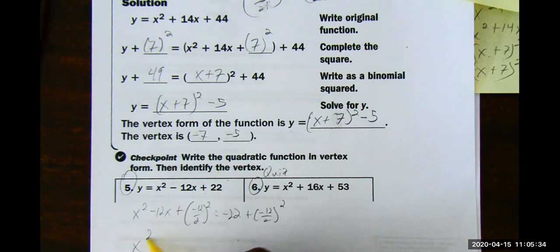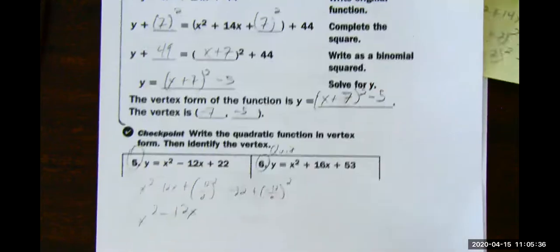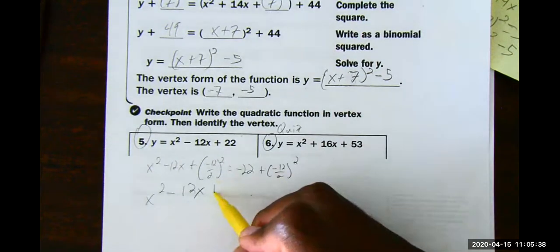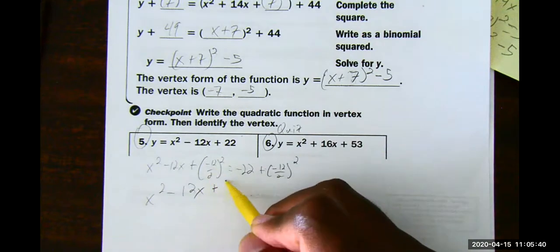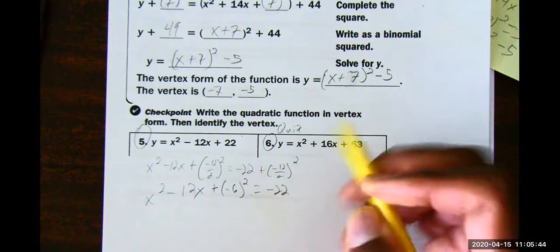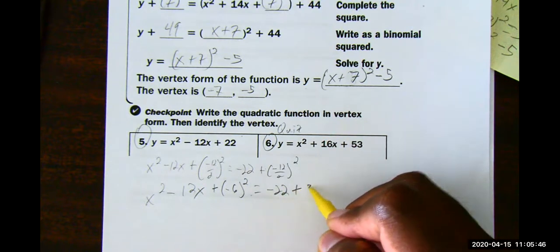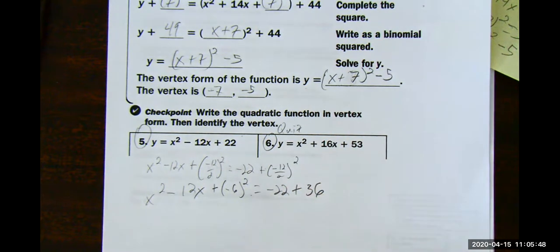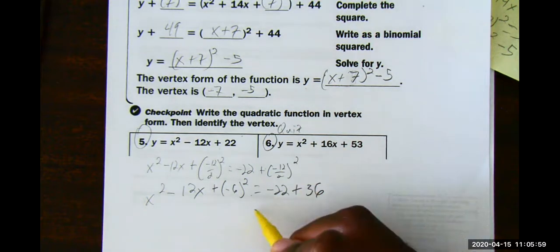That's x squared minus 12x plus, that's negative 6 squared, equals negative 22 plus negative 6 squared, which is 36. And 36 plus negative 22 is positive 14.